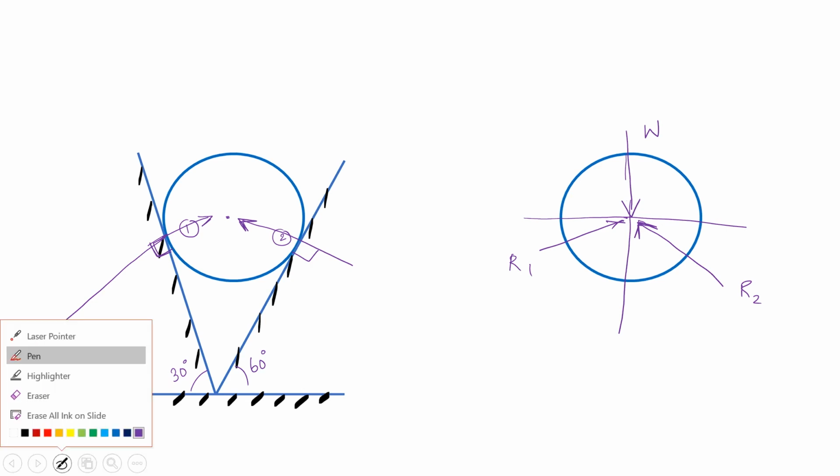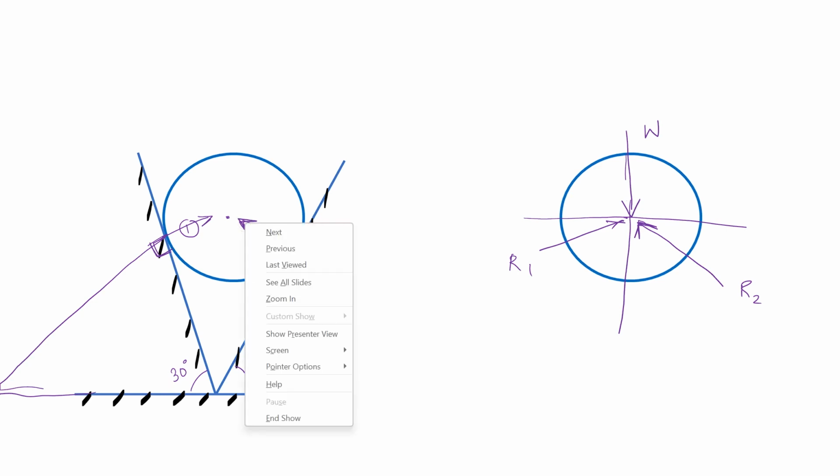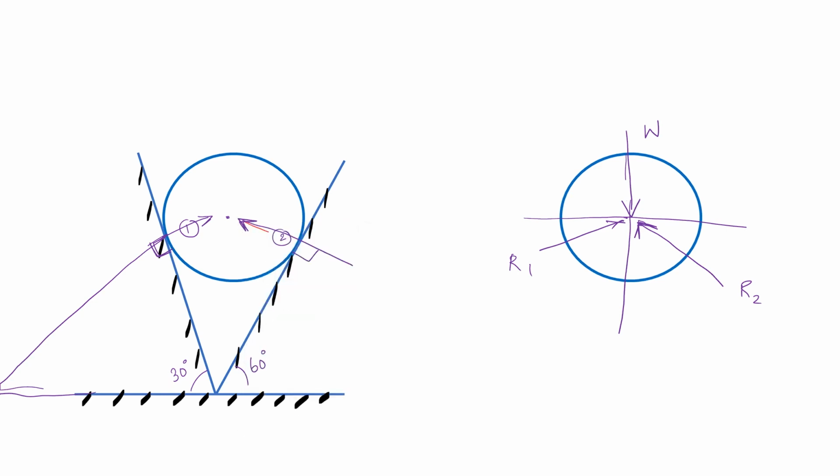Let me change the color. A triangle like this, and here also we can make this in the form of a triangle. Due to the space limitation the triangle will not be perfect.